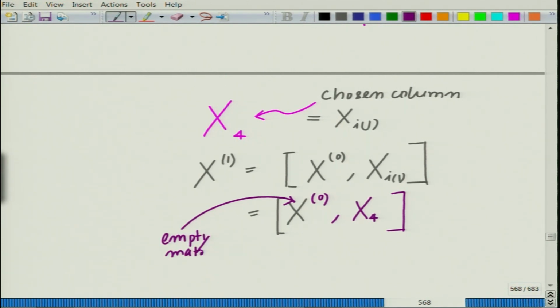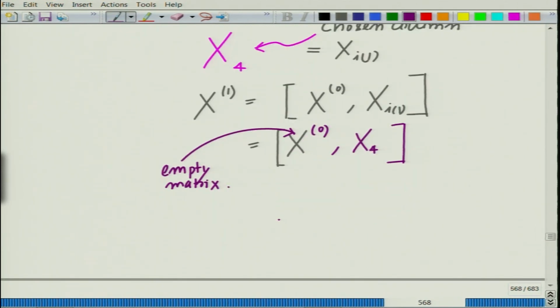Now, x0 is the empty matrix. So, this simply becomes equal to x4, which is essentially the column, if you recall, that is the fourth column, that is 1 0 1 0.